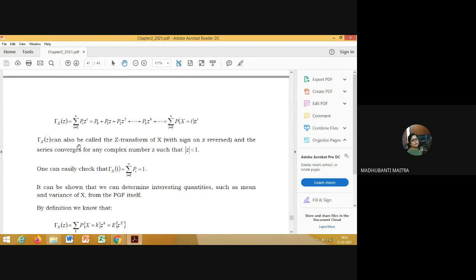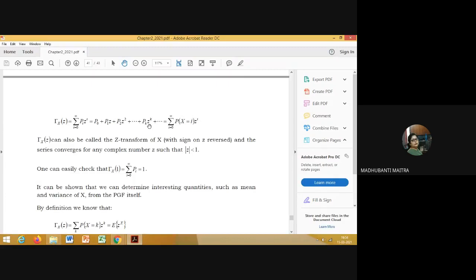If we evaluate the function for a value of z equal to 1, then this summation will be the summation of pi times 1 to the power i, so we get p0 plus p1 plus p2 plus pk, and so on.